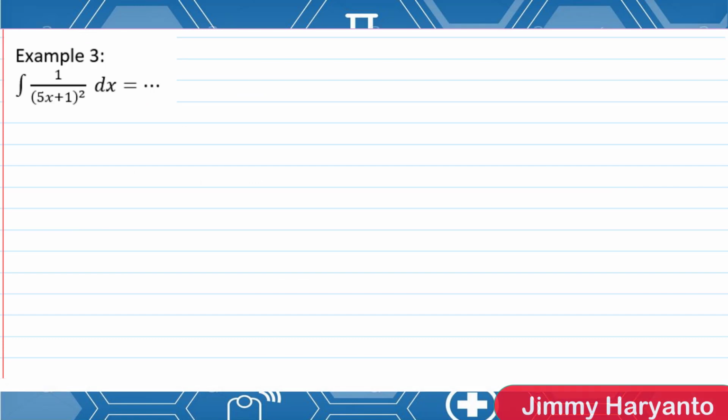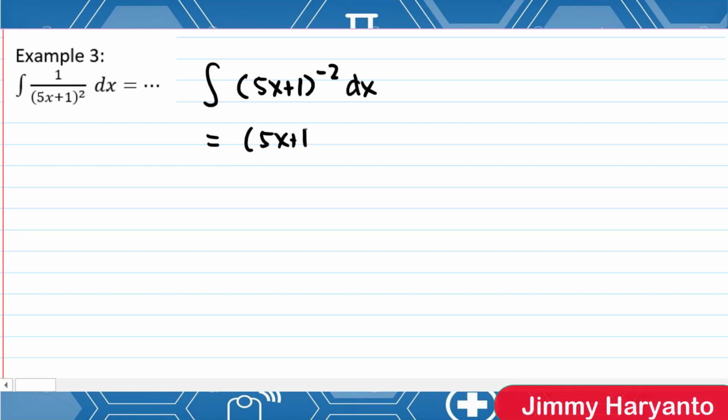The next is example 3. For example 3, it is integration of 1 over (5x + 1)^2. I have to move the 5x + 1 to the top side, so it becomes (5x + 1) to the power of negative 2 plus 1, which is negative 1. Because the power is negative 1, I have to rewrite the power in the denominator.